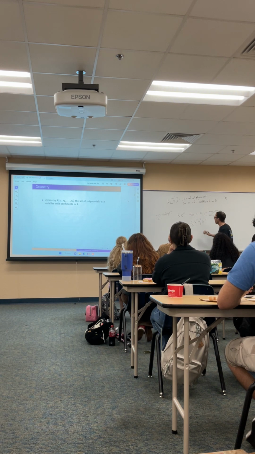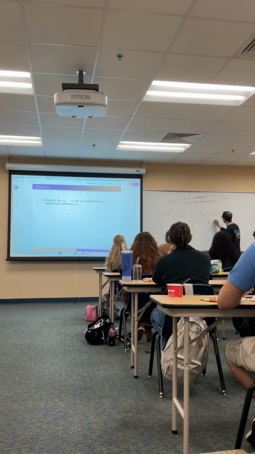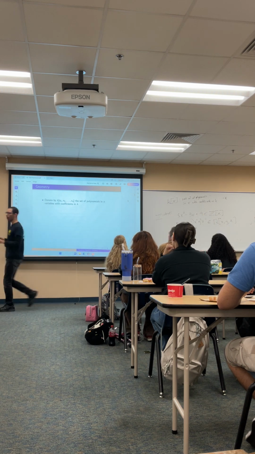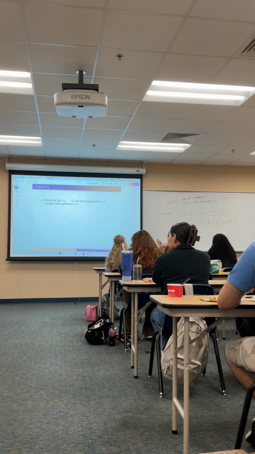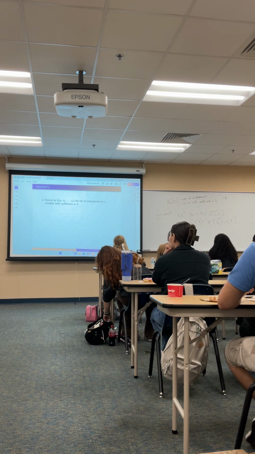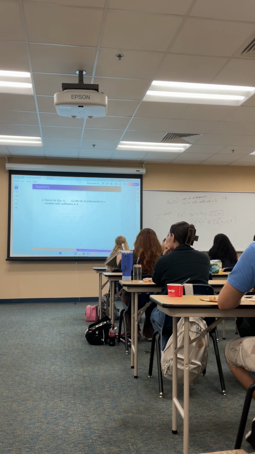The coefficients are rational numbers, right? That's the symbol for the rational numbers in math. And x, y, z are the variables involved there. So that's our notation: you have a set of numbers, and if you want to talk about the polynomials with coefficients that come from that set, that's the notation that we use.